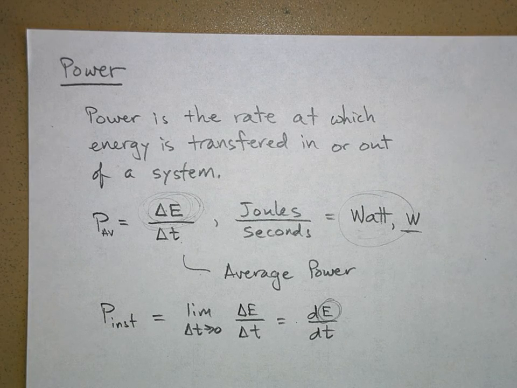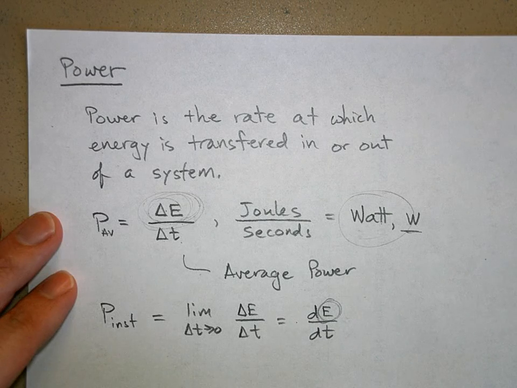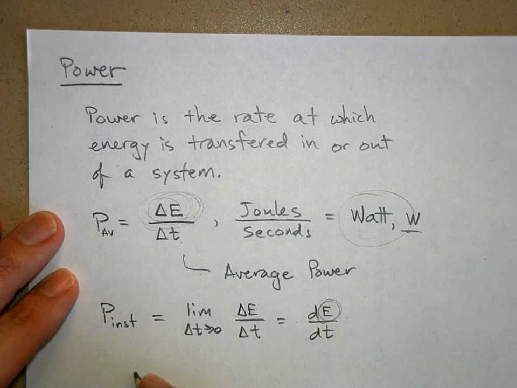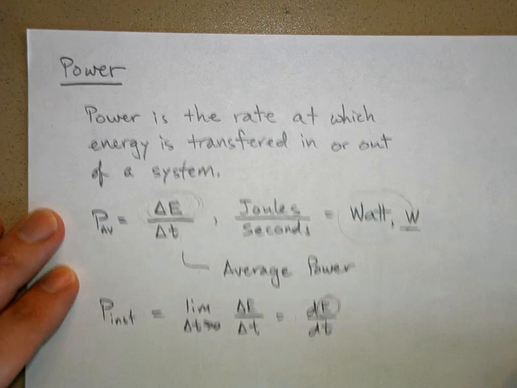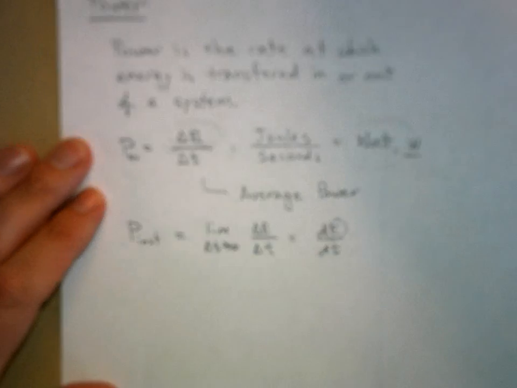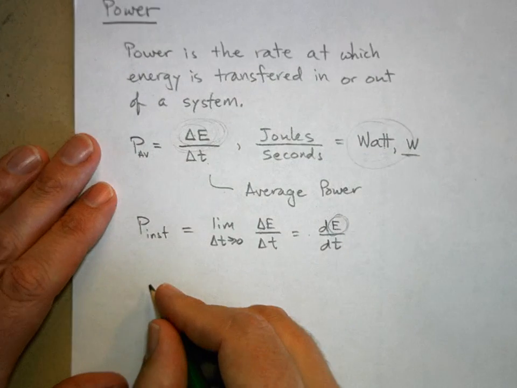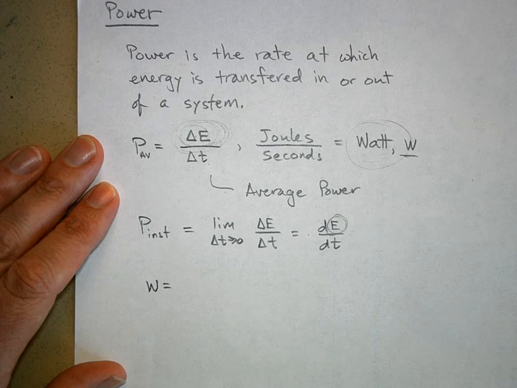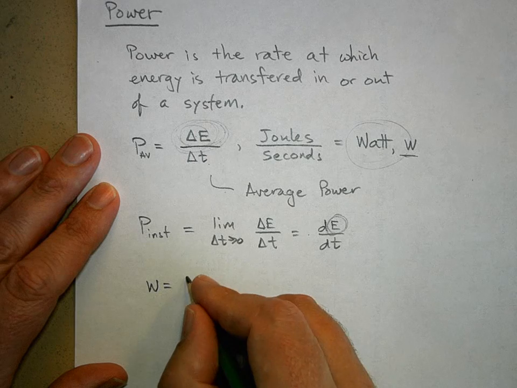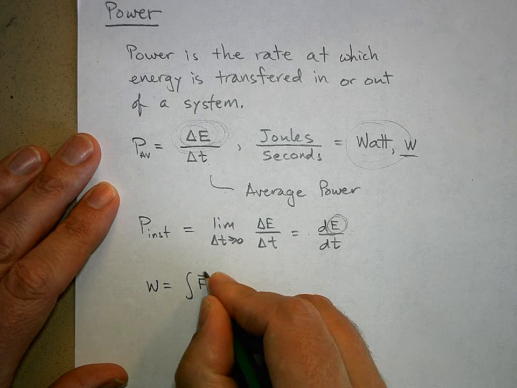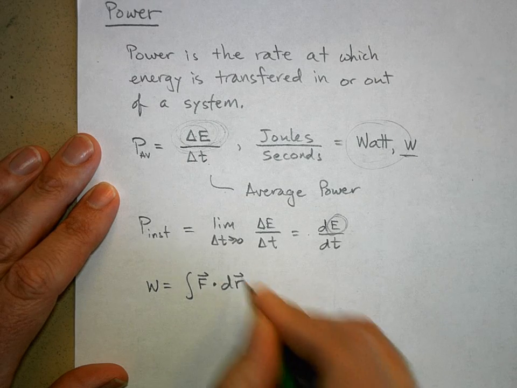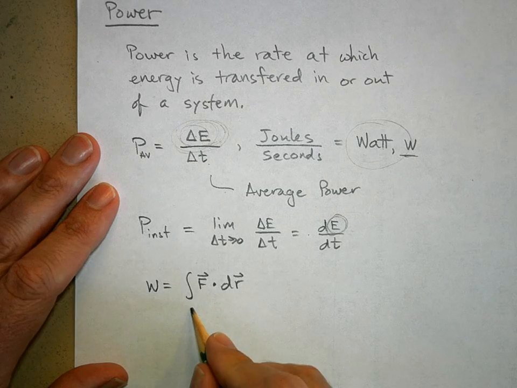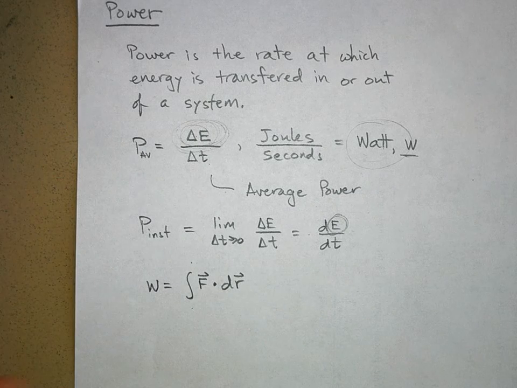Now, if we did use work, one way of transferring energy is work. My definition for work is the integral of F dot dr, that's the most general form, from an R initial to an R final. I'm just too lazy to write it down.